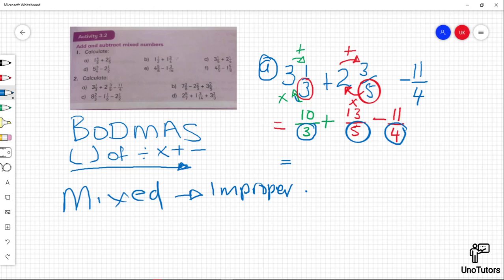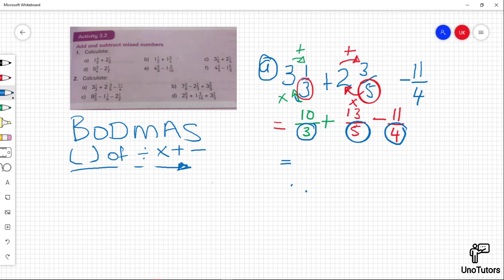So it's the lowest common multiple. Let me quickly erase this so I don't get confused. This was just to show that we're turning them into improper fractions.